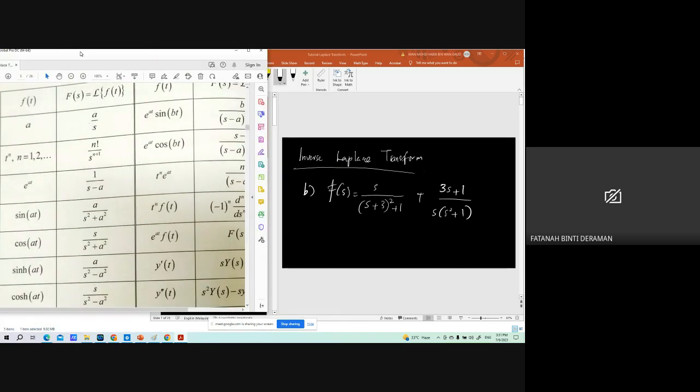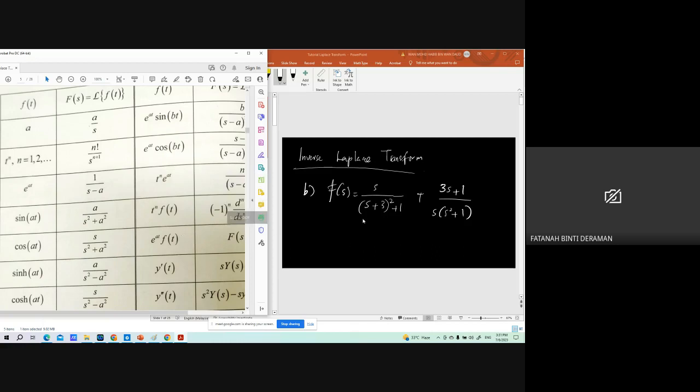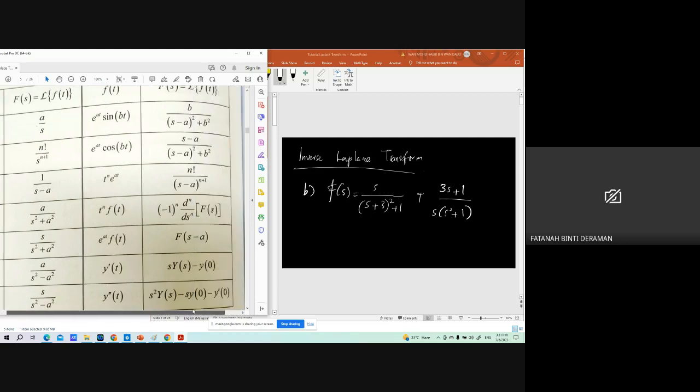So here this is (s plus 3) to the power of 2, so maybe we can manipulate it here. And this is s in the numerator, where b can be any number. So here it may be related to e^(at) cos(bt).